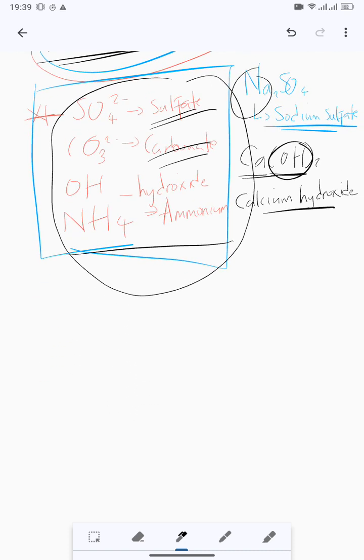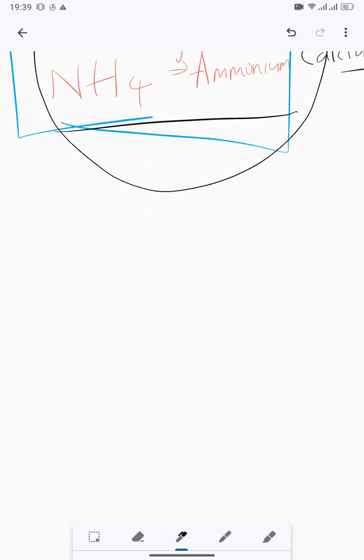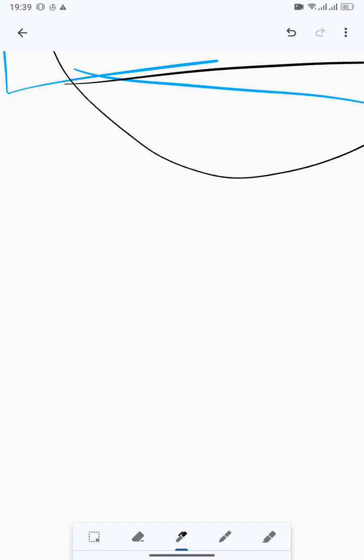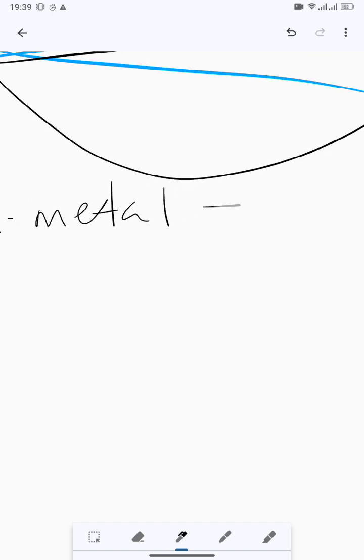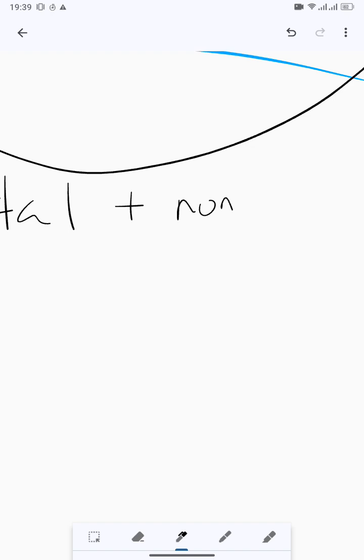Now moving on. This is revision, so I'm in a hurry, and I know that we have done this. Now, naming covalent or molecular compounds, that means a non-metal plus a non-metal.